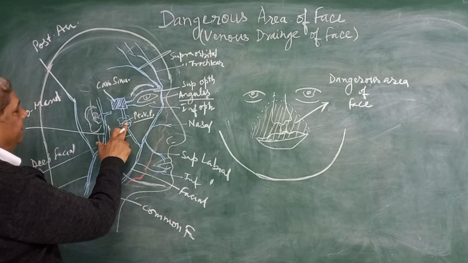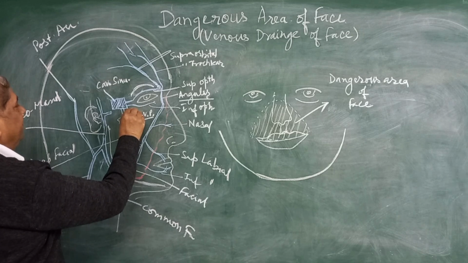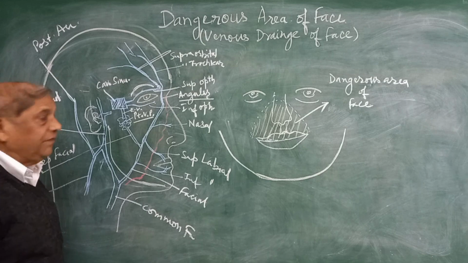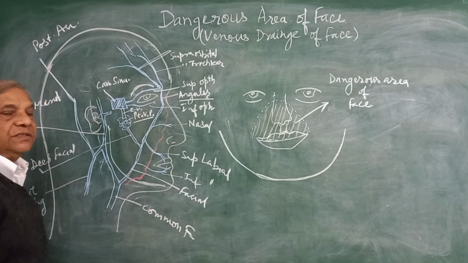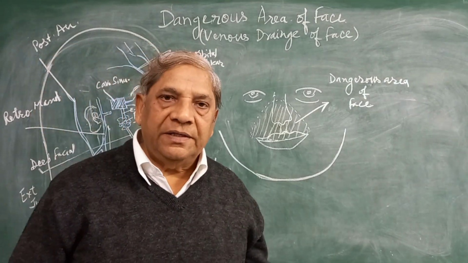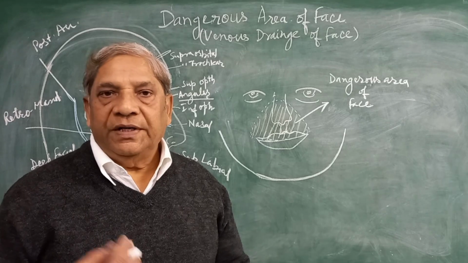Now the pterygoid venous plexus, through the emissary vein, which we will just write as EV. Emissary veins are those veins which join the extracranial with the intracranial veins, and they go through various foramina.